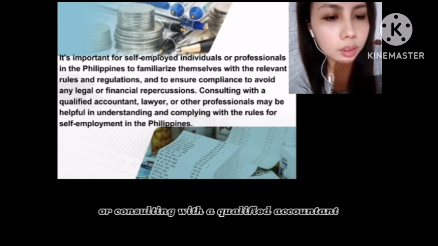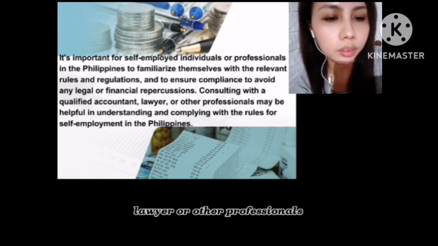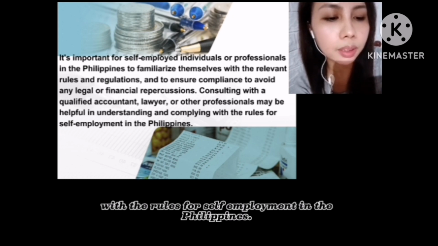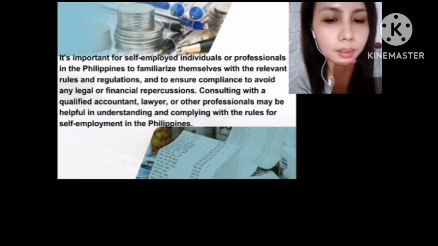Consulting with a qualified accountant, lawyer, or other professionals may be helpful in understanding and complying with the rules for self-employment in the Philippines. And that is all.